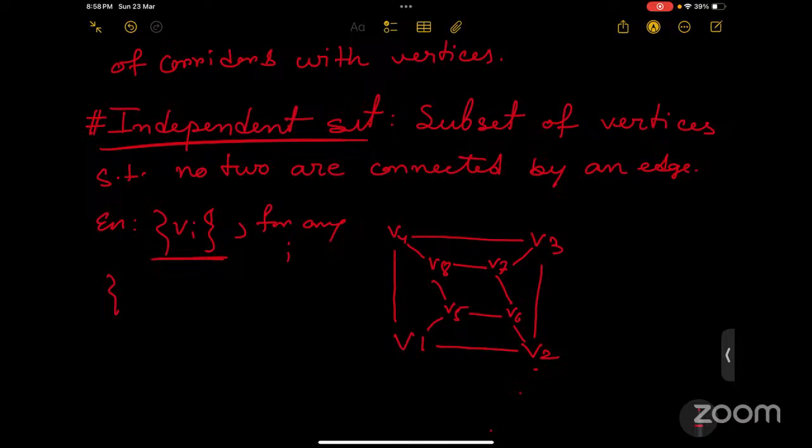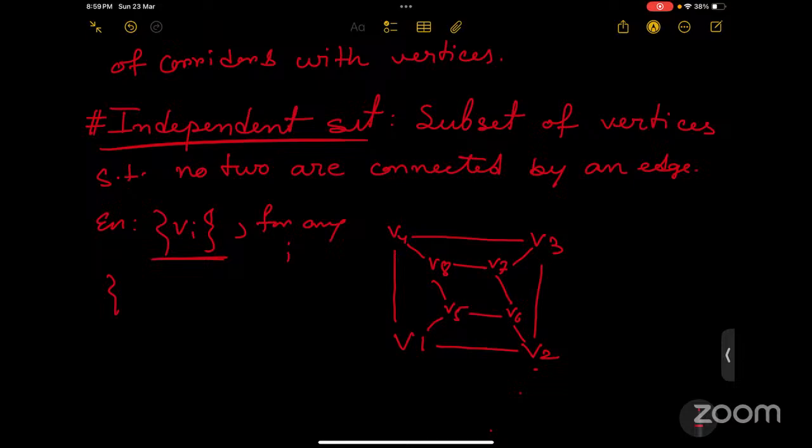If I take only V1, only V2, any one point, that is why I write it as Vi for any i, it will be automatically independent, because there are no self loops possible. There is no edge between V1 and itself. So if I take only the singleton set, it is an independent set.